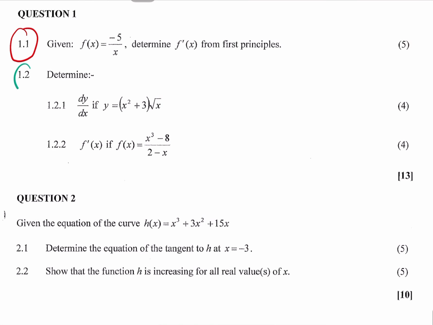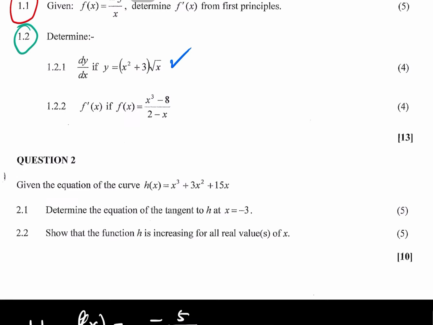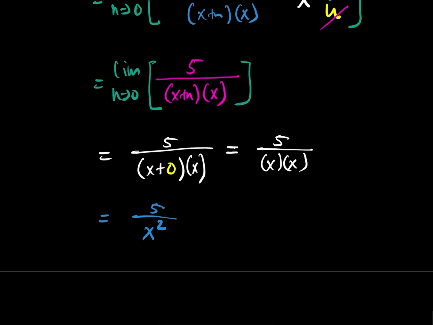Now you are going to look at the next question, 1.2. They are saying determine dy by dx. You are given the polynomial. There we go. That is y equals x squared plus 3 into square root of x. Very easy. Let's see how we are going to approach this particular one.